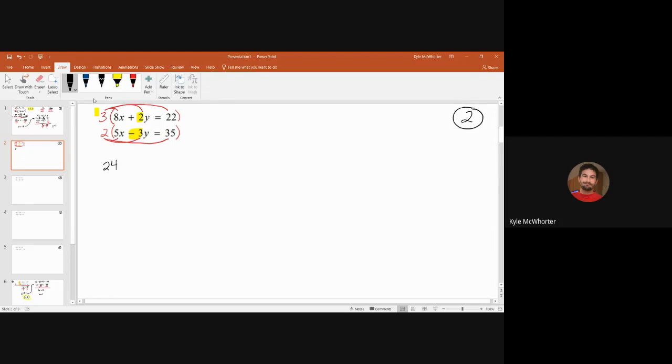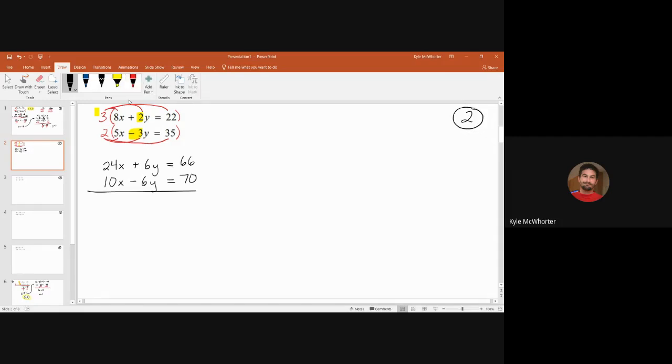So we've got 24x plus 3 times 2y, 6y, equals 3 times 22 is 66. The bottom equation, 2 times 5 is 10x. 2 times -3y, -6y. And 2 times 35 is 70.